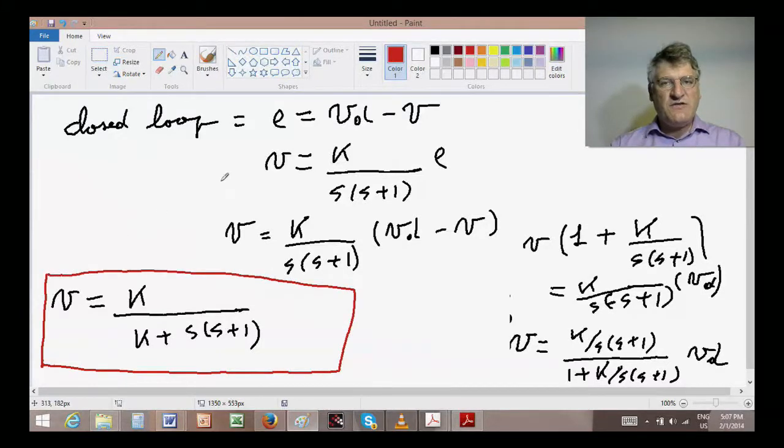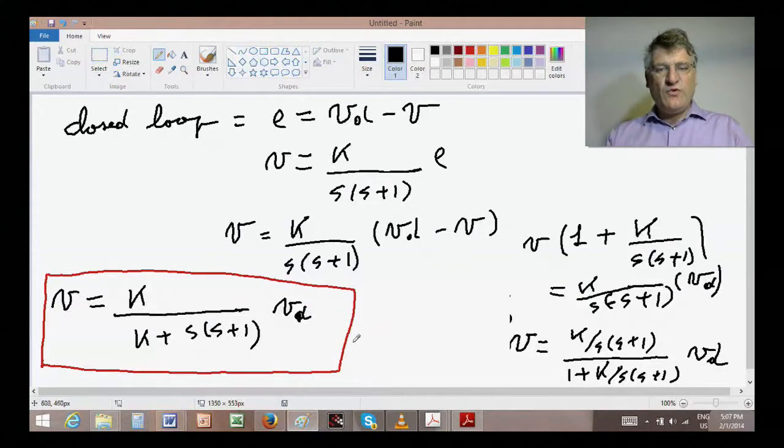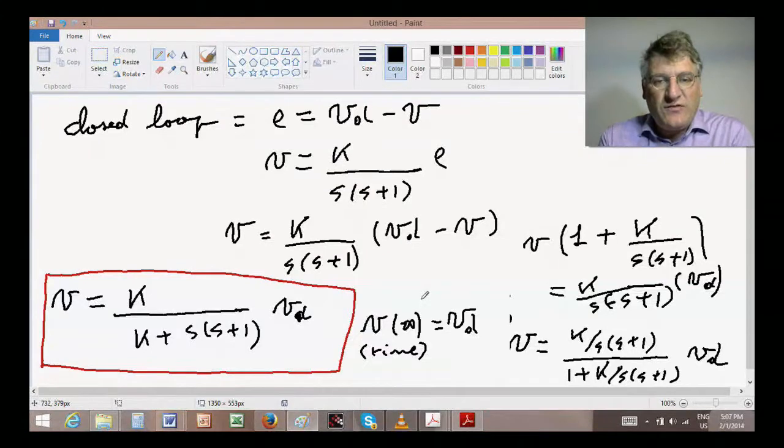This is our final expression for V as a function of VD. Now, we can use the initial or final value theorems to see that V at infinity, if we go back to the time domain, will be equal to VD. So the system actually reaches the speed that it is supposed to reach.